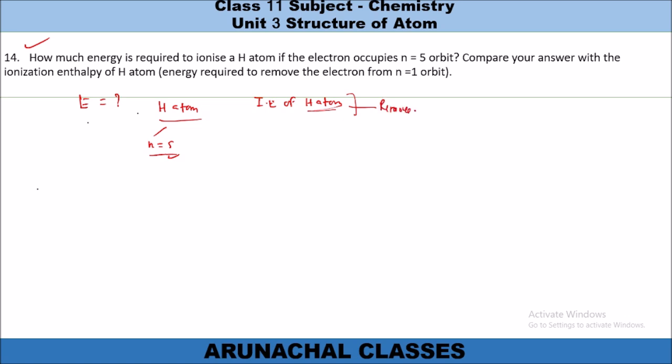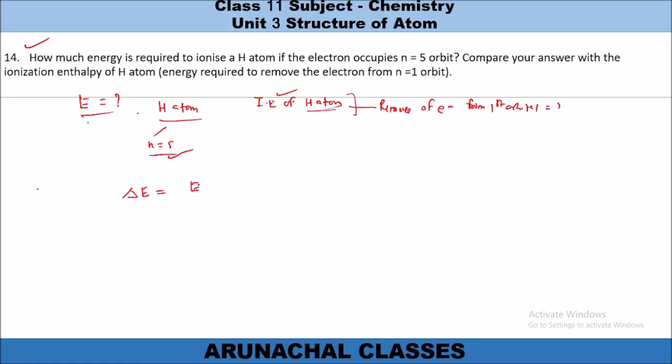If we remove the electron from the first orbit, how much ionization energy will be required? This energy is compared with the energy in the case of the fifth orbit. So we can have delta E, that is change in energy.